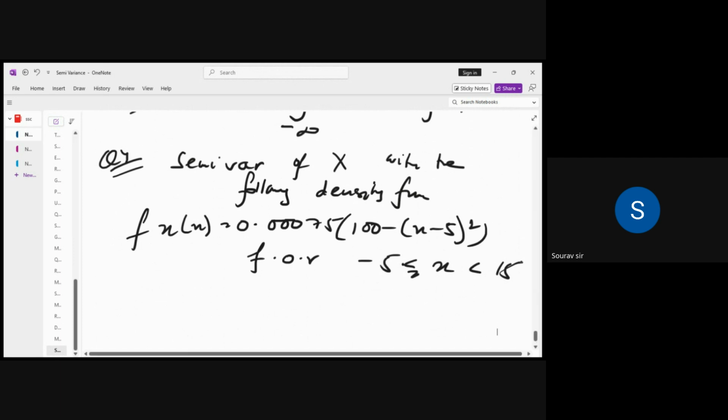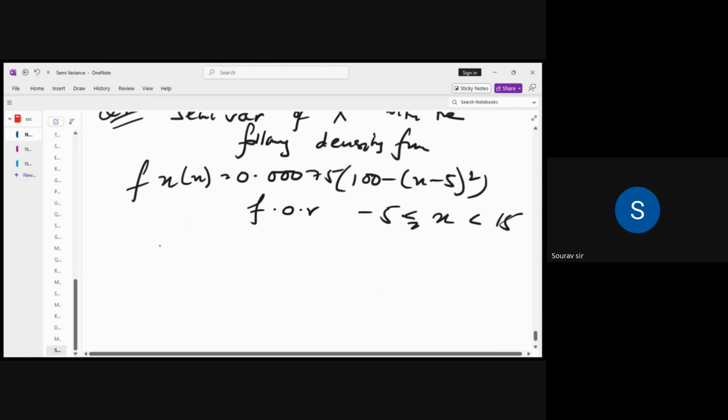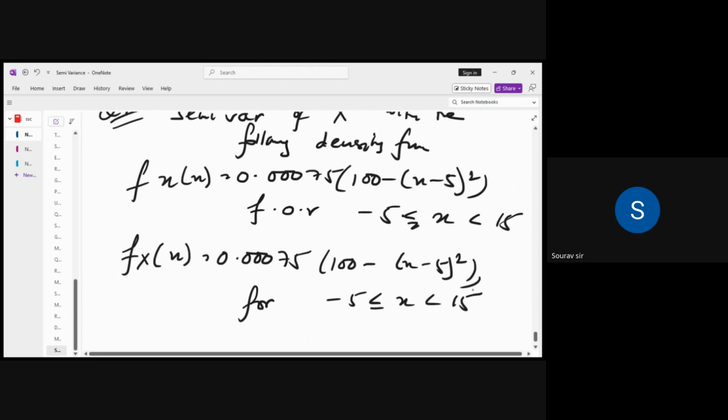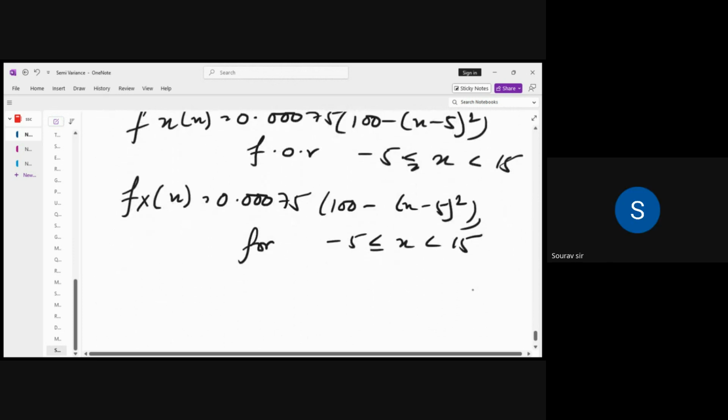We are given the PDF. How to find it? The formula I just wrote, f of x is 0.00075 times 100 minus x minus 5 squared for x from minus 5 to 15. First we have to calculate the mean.